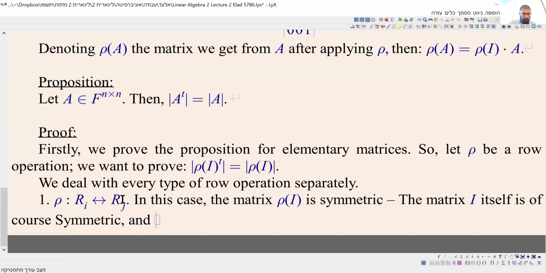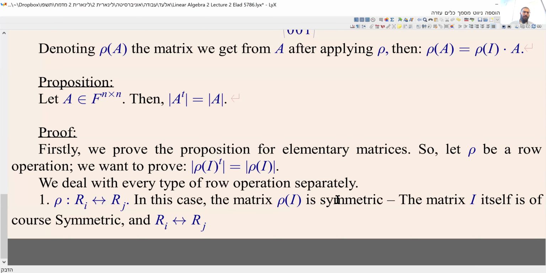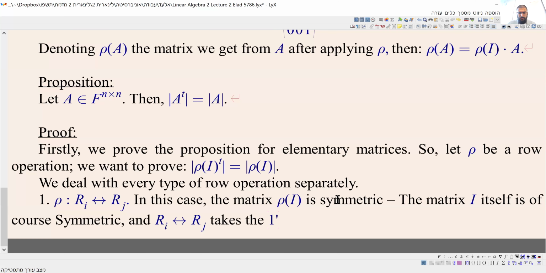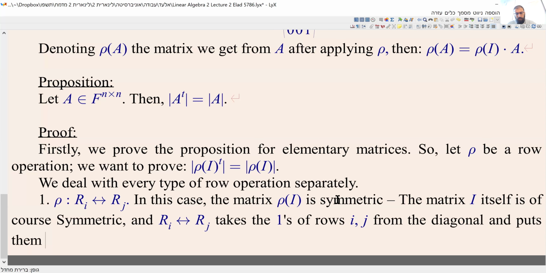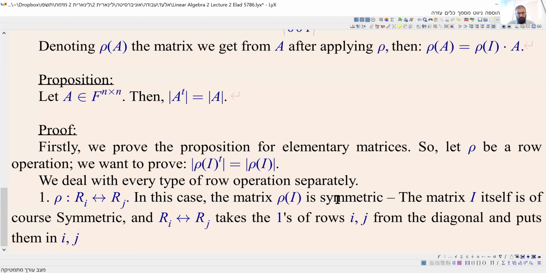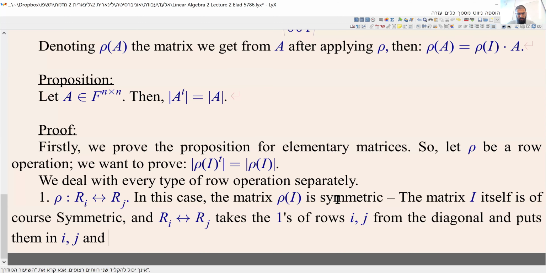And the switching of two rows takes the ones of rows I and j from the diagonal and plugs them in entries ij and ji in the matrix.